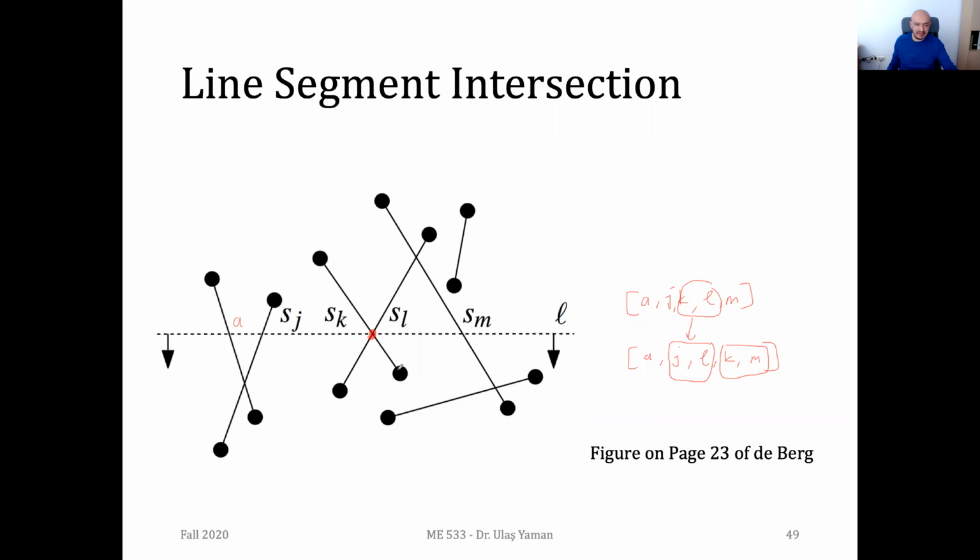So assume that we have such a longer SK, and assume that this SM is coming such a way, so we might have an intersection point here. So at this intersection event point, once you do check between SK and SM, you may have found this intersection point.